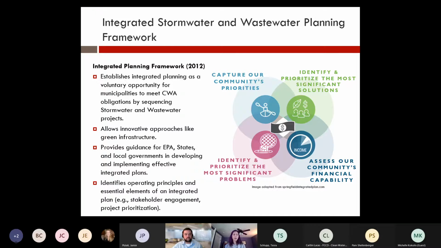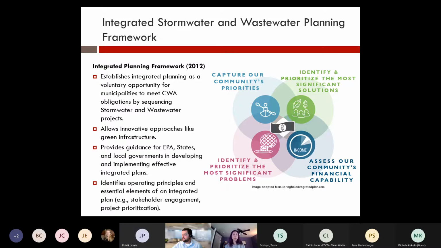And it's a voluntary approach for meeting Clean Water Act obligations. And the goal is to comprehensively look at stormwater and wastewater, or you could look at multiple approaches across stormwater assets to meet Clean Water Act obligations, your permits or consent decrees, and it's a long-term solution for municipalities.